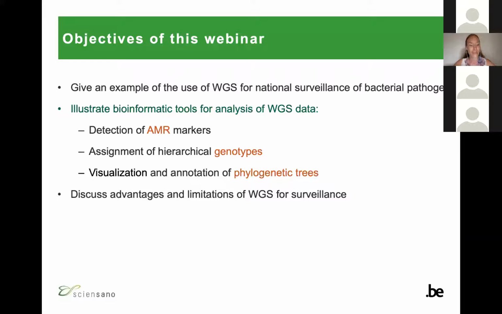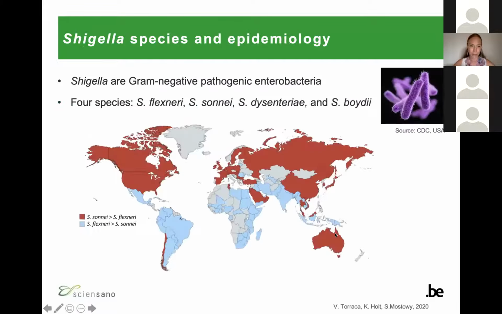And I want to focus on the illustration of bioinformatic tools for analysis of whole genome sequencing data. Specifically, I would like to introduce some tools for detection of antimicrobial resistance markers, for the assignment of hierarchical genotypes to compare studies across countries and borders, and also introduce some tools for visualization and annotation of phylogenetic trees. And last but not least, we will discuss briefly some advantages and limitations of whole genome sequencing for surveillance.